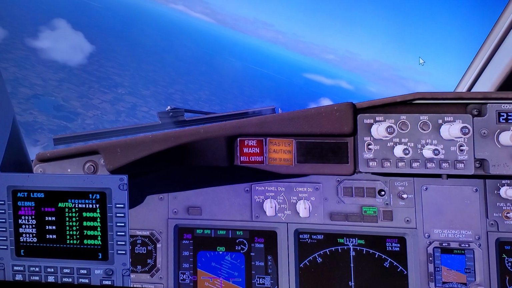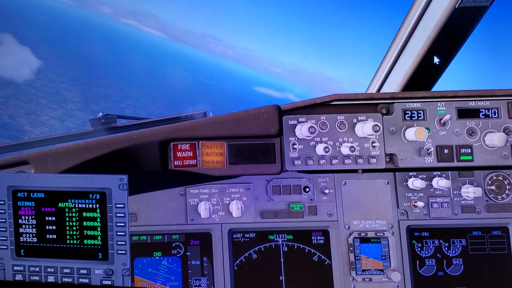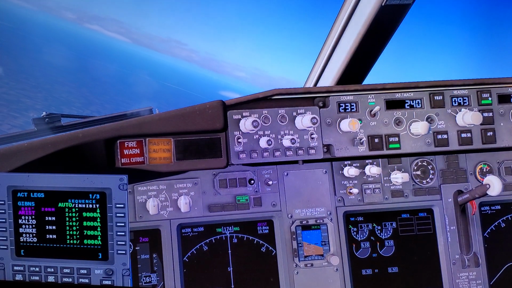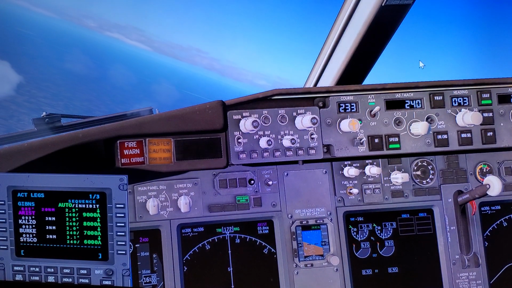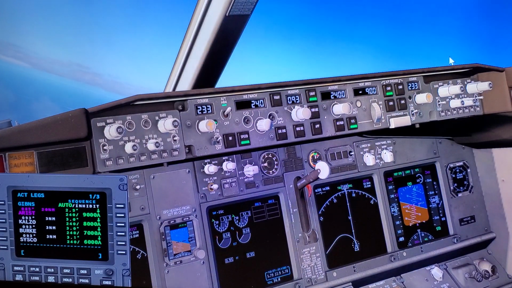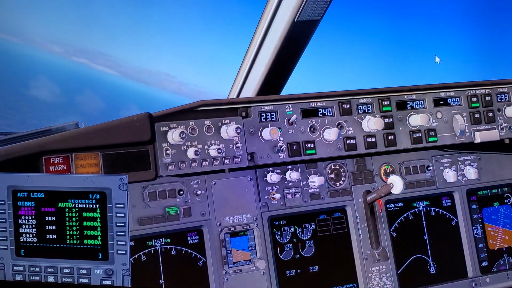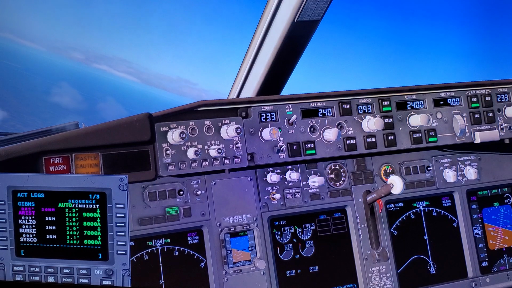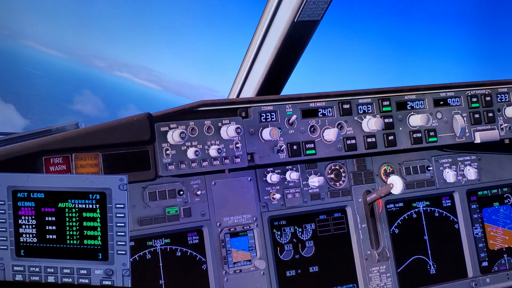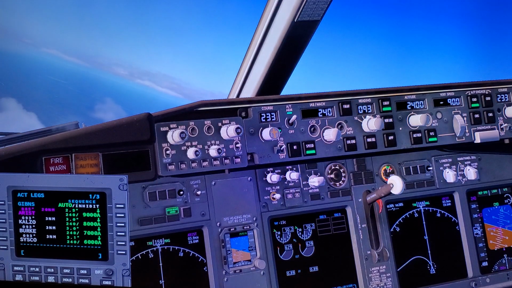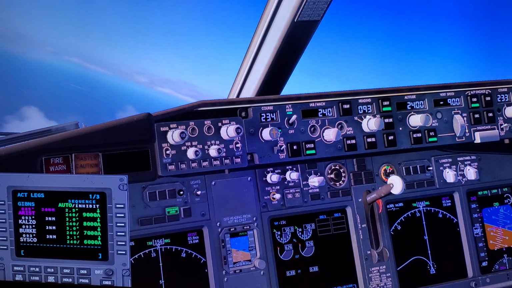So basically I'm not going to use VNAV, we skip LNAV and we keep a speed. And I put the course also on 93.